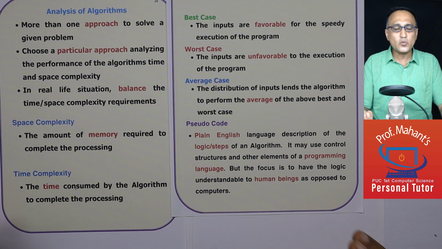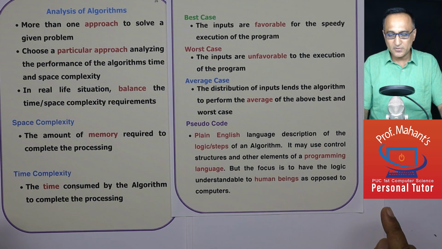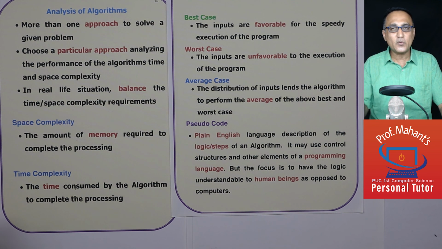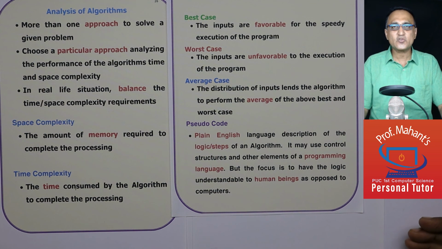Pseudocode is used to explain the logic of a program to a human being, as opposed to a computer by a programming language. It is used for people who really need to know how things work. They are not interested in the details of how it works in a programming language. So I hope that clarifies what is pseudocode.